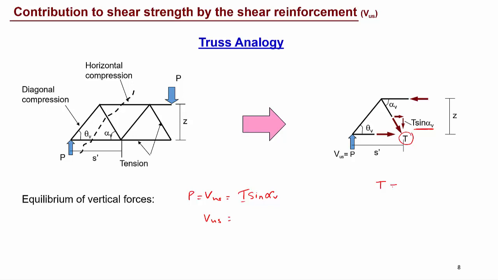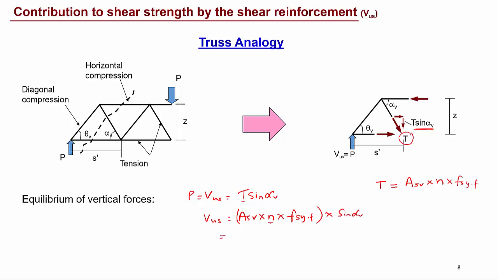That tension force is the area of the shear reinforcement, multiplied by the number of stirrups within the distance S dash, that is N, and the tensile strength of the stirrups, provided that the stirrups are yielding. So T is the area of one stirrup multiplied by N multiplied by the tensile yield strength of the stirrups, and then multiplied by sine alpha V.